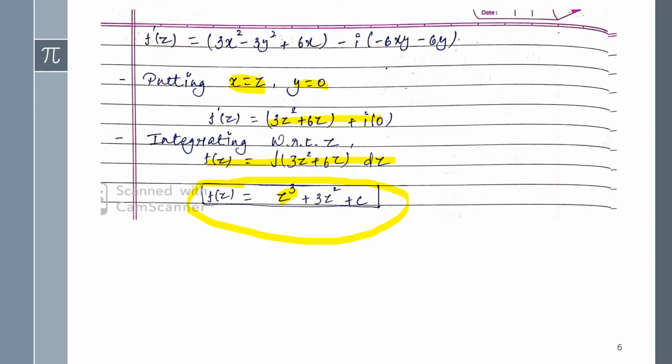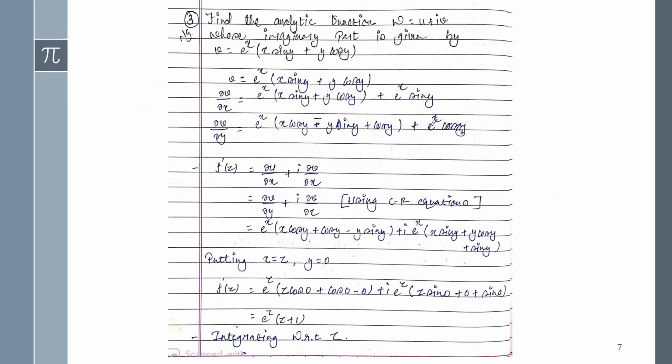Now moving forward, one more example I have given here, and the question is: find the analytic function w equals u plus iv whose imaginary part is given, v equals e raised to x into (x sin y plus y cos y). Okay guys, let's start with its solution.